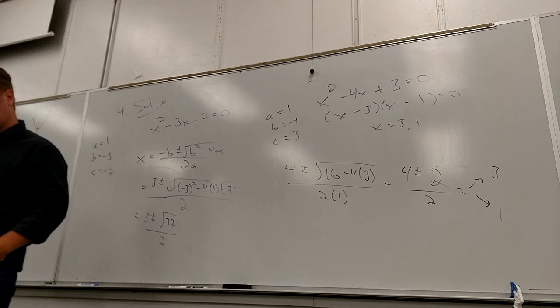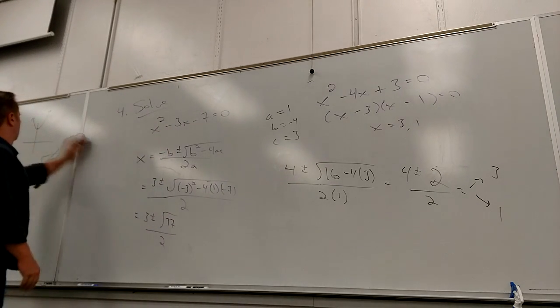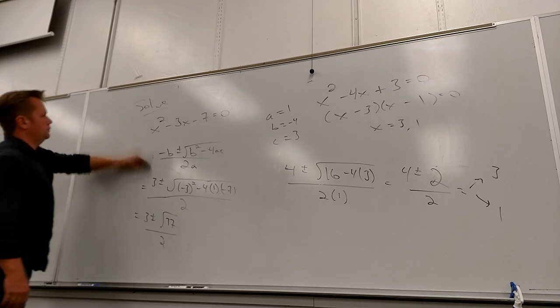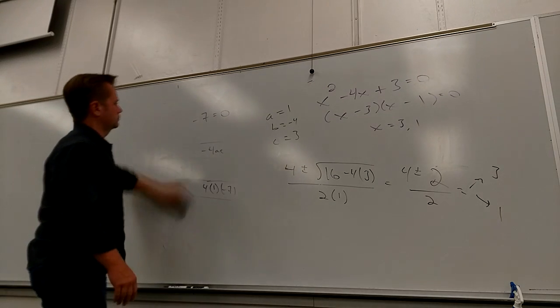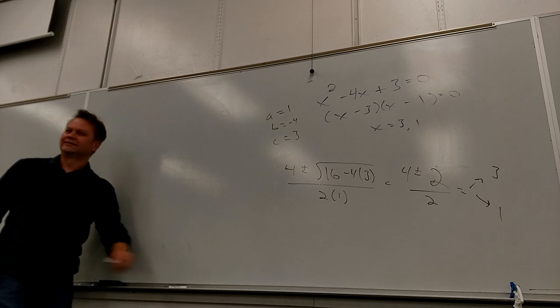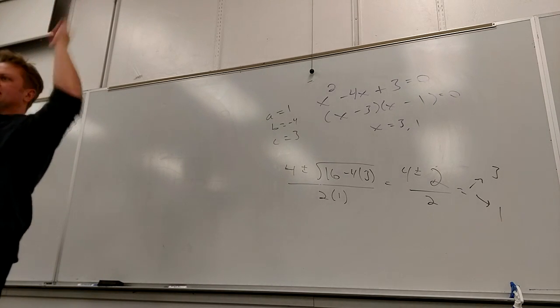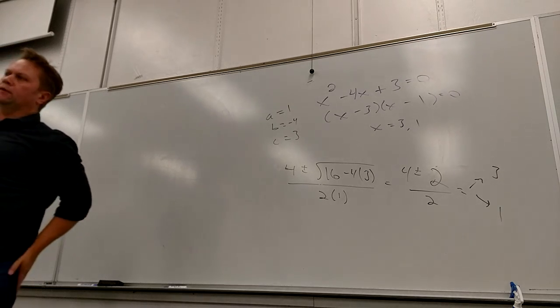Talk about either A or B for number 2. Oh, yeah, we talked about B earlier. What makes something not a polynomial? Can you give me an example of something that's not a polynomial?